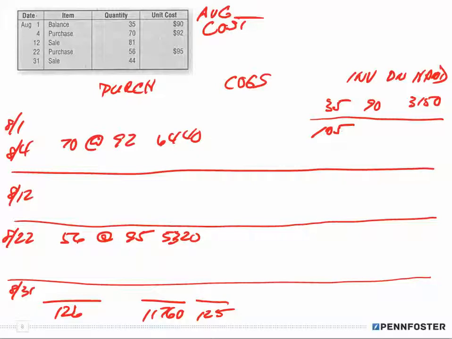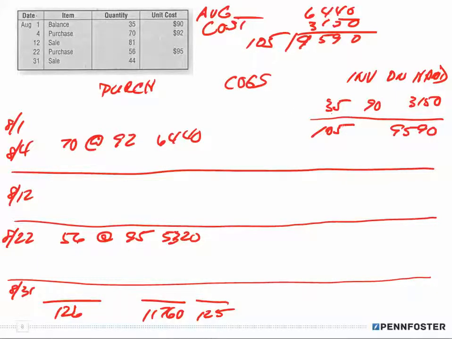But we're doing average cost, so we have to take the 6,440 plus the 3,150, 9,590 is the total value of our inventory on hand. But we have to take that 9,590 and divide it by 105 in order to get the average cost, and the average cost ends up being $91.33 per unit.